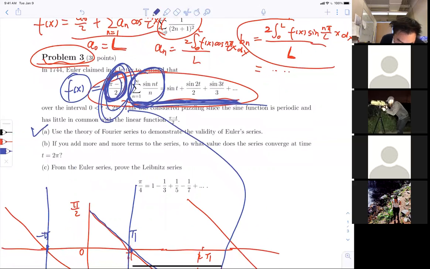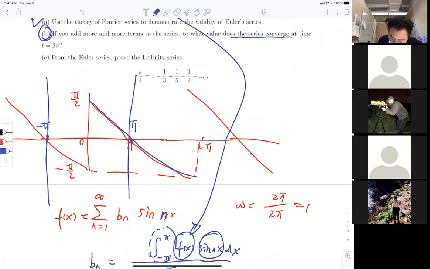And the second part asks which value this series converges to at 2 pi. What's the name of the theorem? It's Dirichlet's theorem, I think. So basically it converges to the middle point of pi over 2 and minus pi over 2, which is 0, right?